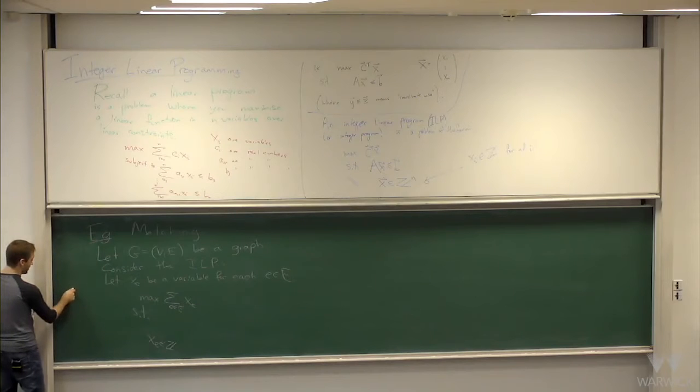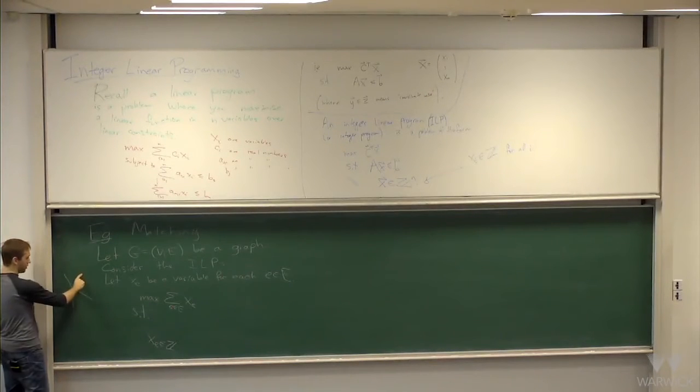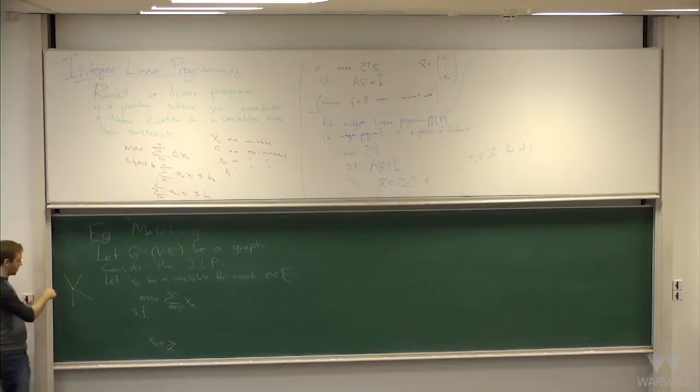And if you assign each edge a value 0 or 1, what does the matching condition say? Well, it says that from any vertex, if I look at the edges coming from it, remember, in a matching you're only allowed to use one of these edges. So that means that on every vertex, if I look at the edges containing it, their variables have to sum to at most 1, right?